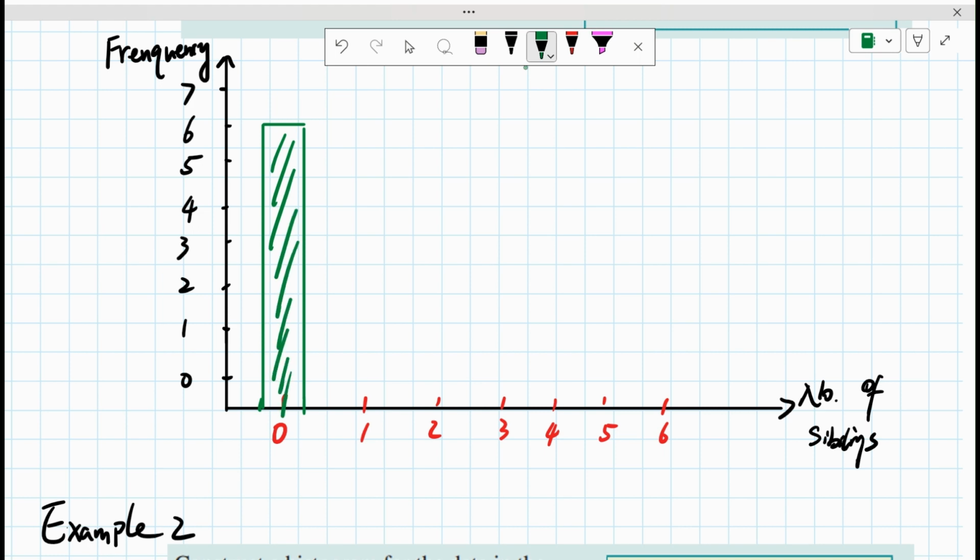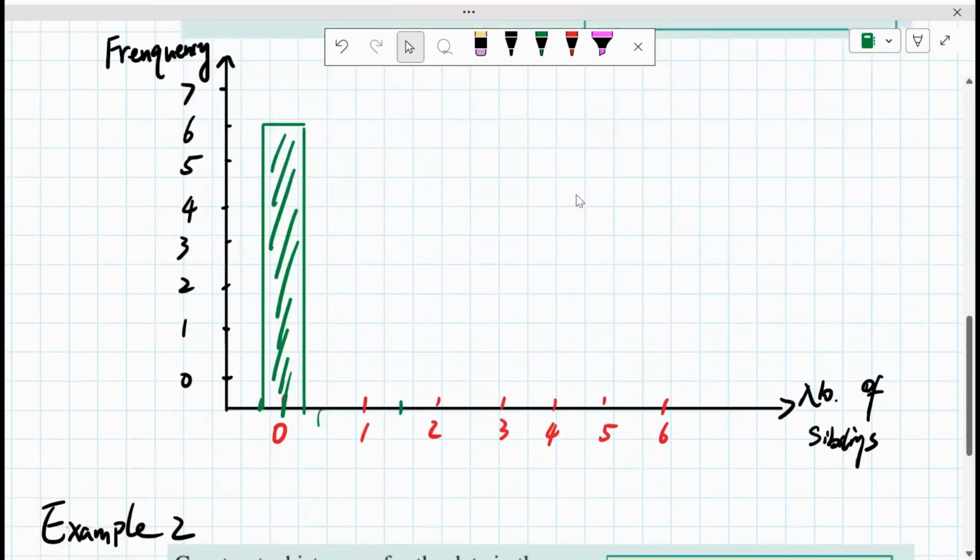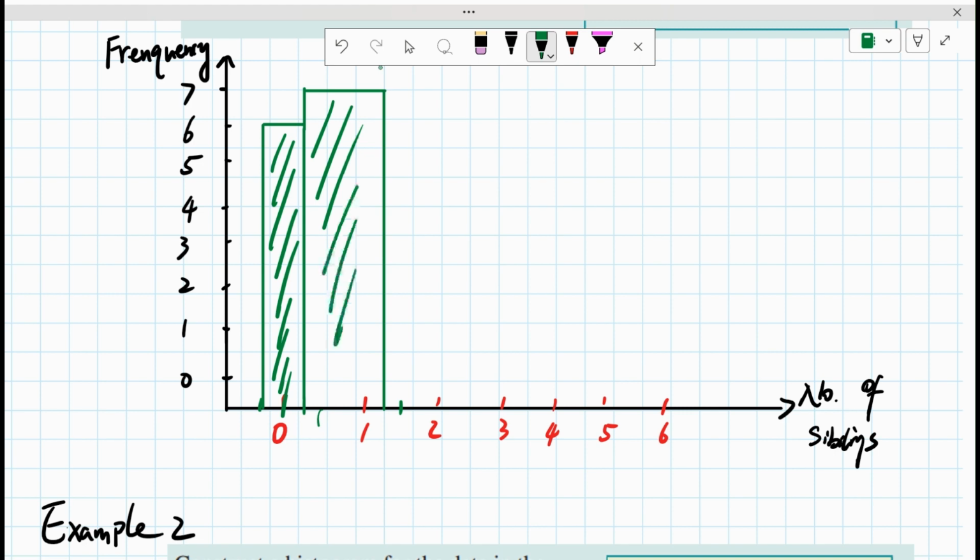And 1, middle line to middle line, is 7, the highest one. So 7, and keep going with the middle line. Perfect, that's for 1 sibling.